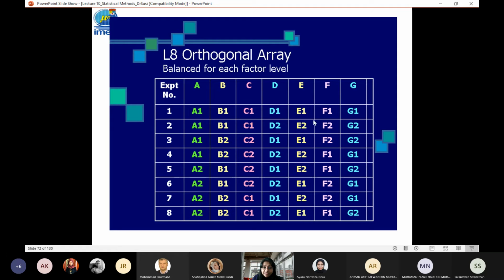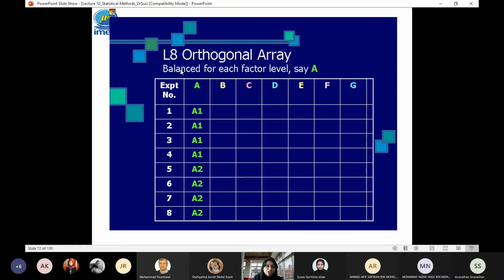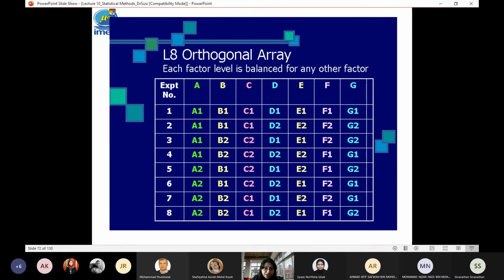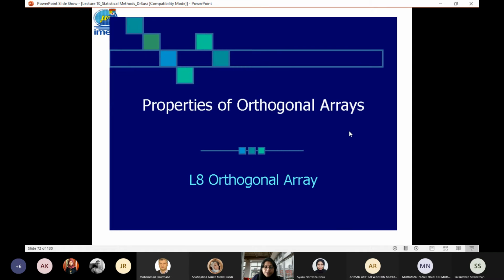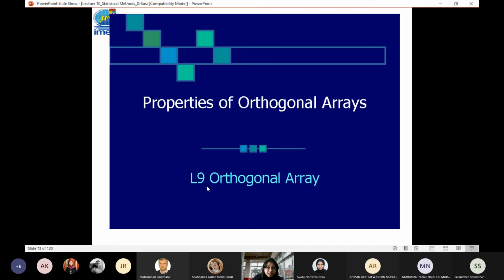For balance, each factor level, A1 occurs 4 times, A2 occurs 4 times, D1 occurs 4 times, D2 occurs 4 times. So it's balanced for any other factor. This table is fixed. You cannot change it. It's fixed by Genichi Taguchi. You just use it to run your experiment. That means if you're running the first experiment, you need to follow this sequence. If you're running the second experiment, you must follow this sequence. So that is the properties of L8.